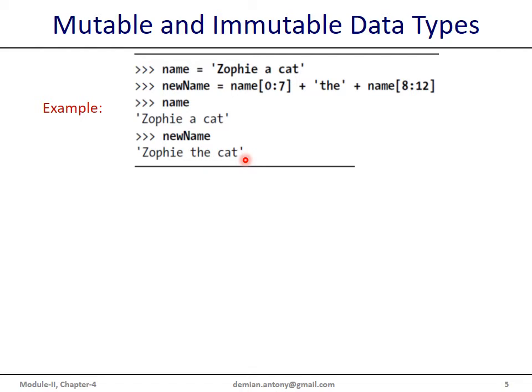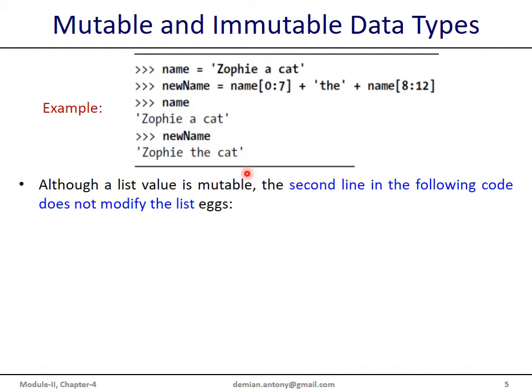Remember, string is immutable. In order to change the string, you can extract the portion of a string and you can concatenate other characters to it. Thereby the new string which is created with the concatenation can be used further. As I said, list is a mutable. If you are changing the entire list, then the existing list will not be modified.